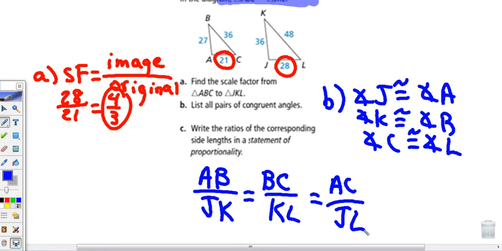Does 27 over 36 reduce to 3/4 when you divide everything by 9? What's 27 divided by 9? What's 36 divided by 9? Okay. Does 36 over 48 reduce to 3/4 when you divide everything by 12? 12 into 36, how many times? 3. 12 into 48, how many times?